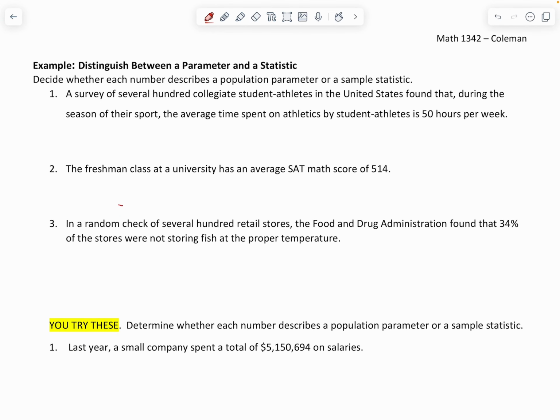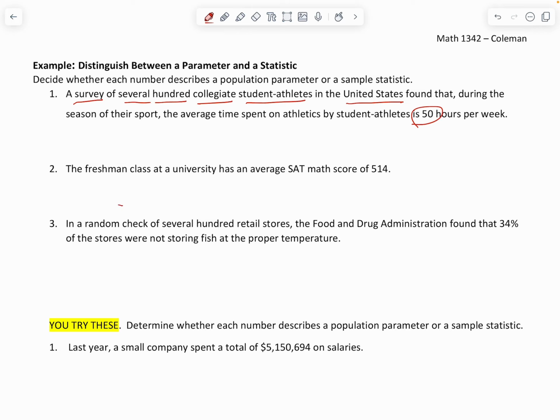So let's look at another example. Decide whether each number describes a population parameter or a sample statistic. A survey of several hundred college student athletes in the United States found that during the season of their sport, the average time spent was about 50 hours a week. So again, now we have to decide, did we survey all student athletes?